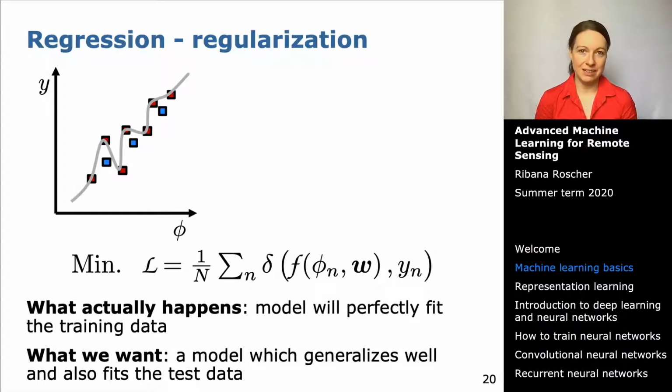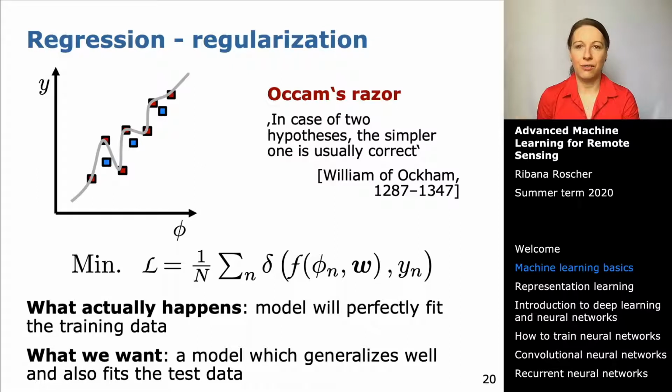What you want to have in practice is a model which generalizes well and fits the test data too. So this is a core problem in machine learning, and you can solve it, for example, by introducing a regularization term. This term is an additional term to the loss function, and it encourages the model to pick simpler parameters W. And this is the whole idea of Occam's razor.